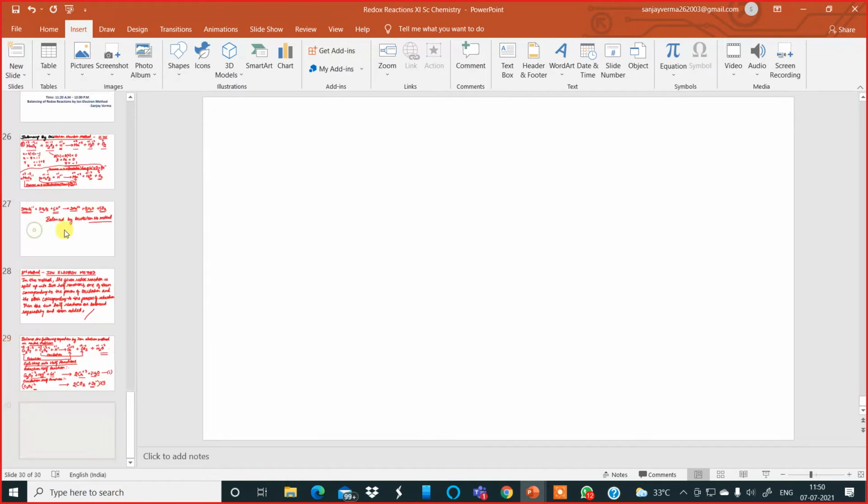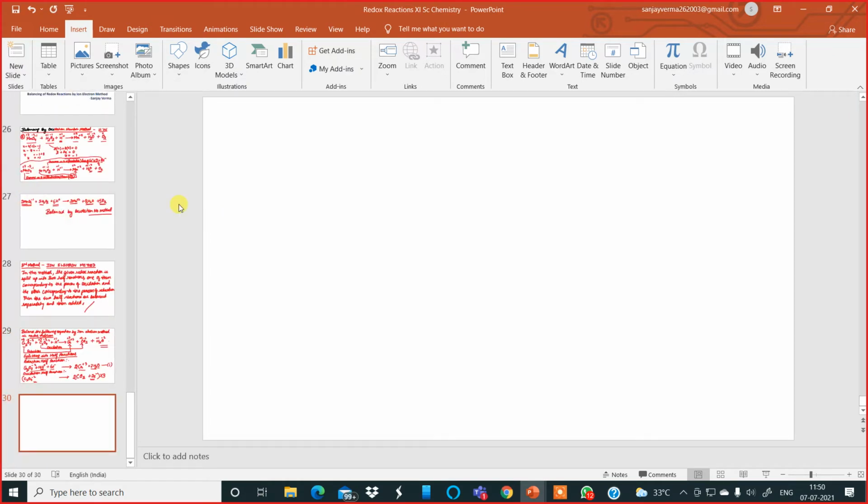I will get the final equation after multiplying. Therefore I will get 3C2O4 minus 2, an arrow, and then 6 CO2 plus 6 electrons. So this is equation 2, the oxidation half reaction, which is balanced.